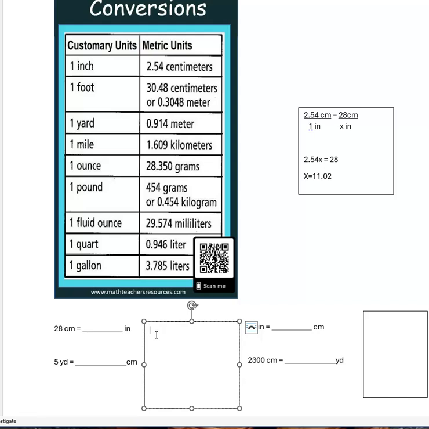So my conversion is 1 yard equals how many, okay, I'm going into centimeters. So, but first I'm going to do meters. And I'm going to come back to this one in just a moment. I'm going to go underneath.